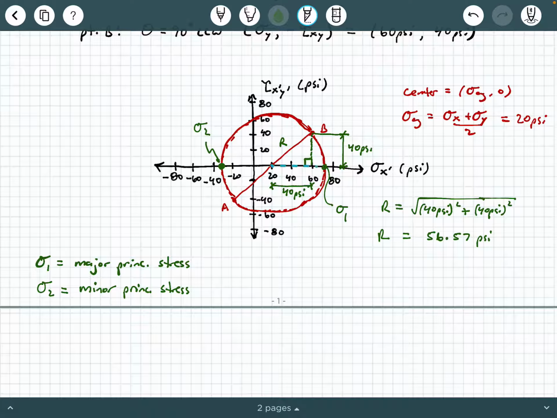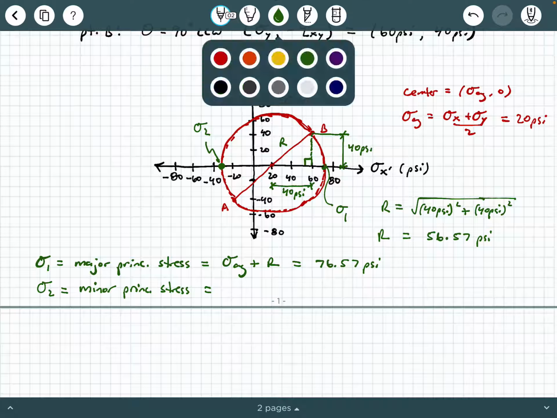So this distance right here is also the radius, okay? So I can write this as sigma average plus the radius, which I have both of those values, right? It's 20 psi plus 56.57 psi. So that gives me 76.57 psi.